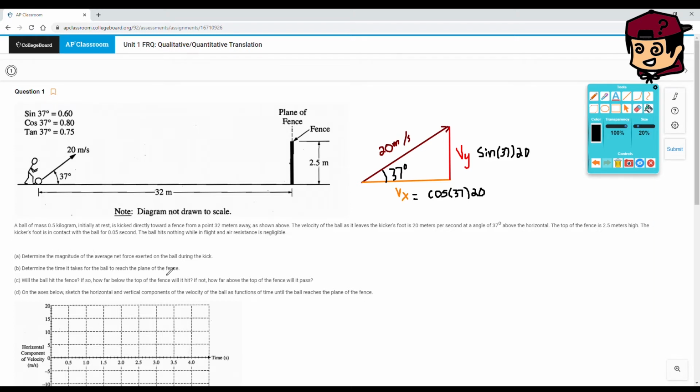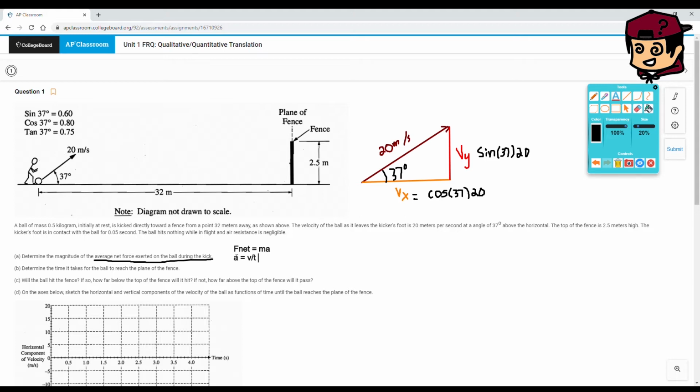Determine the magnitude of the average net force exerted on the ball during the kick. Okay, this one isn't hard. We know that F net equals ma, right? F net equals mass times acceleration. So what's the acceleration? Acceleration, we know, is velocity over time.